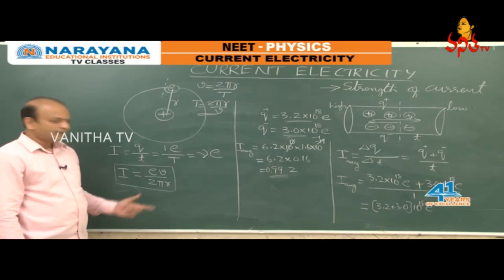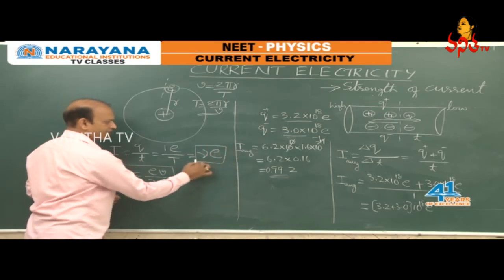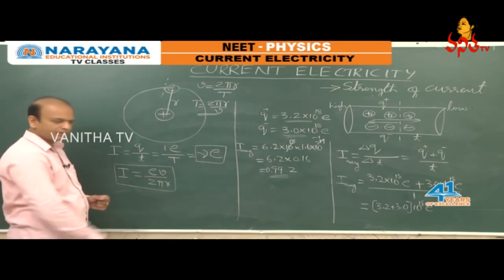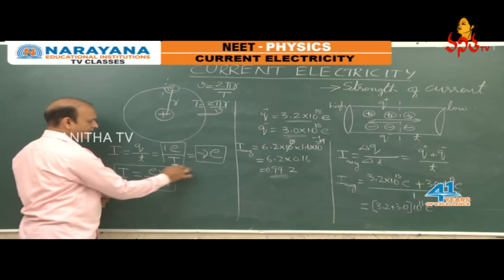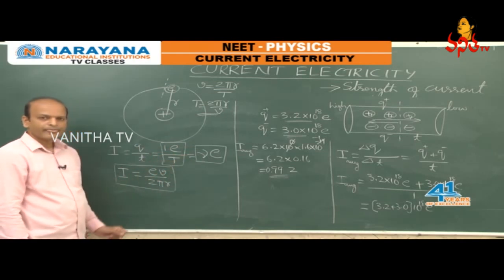This same current can also be expressed as frequency times the electron charge, or electron charge by time period. So in three ways we can write it.